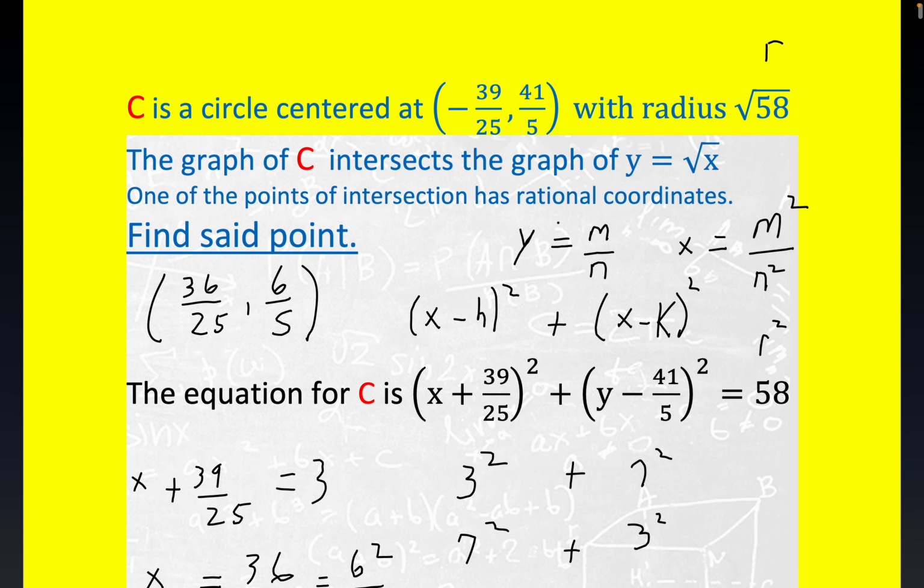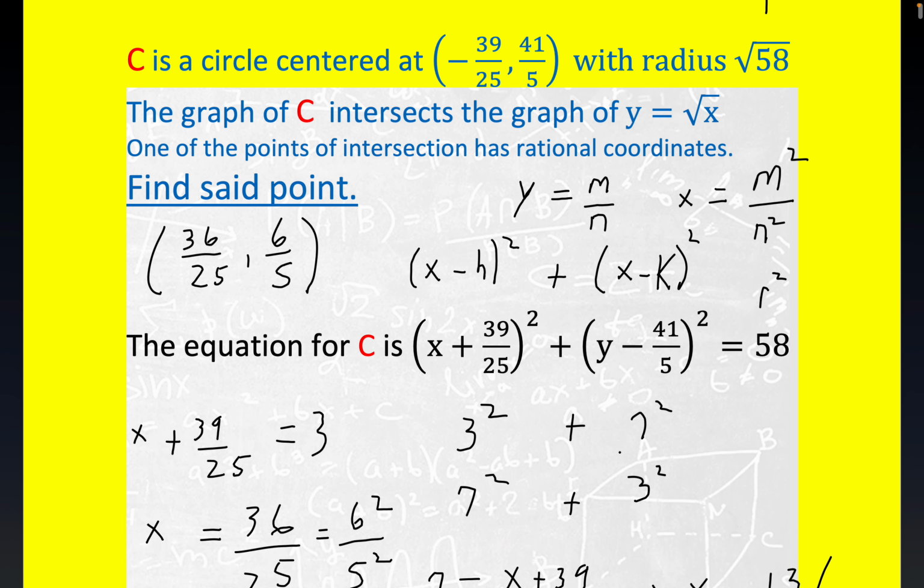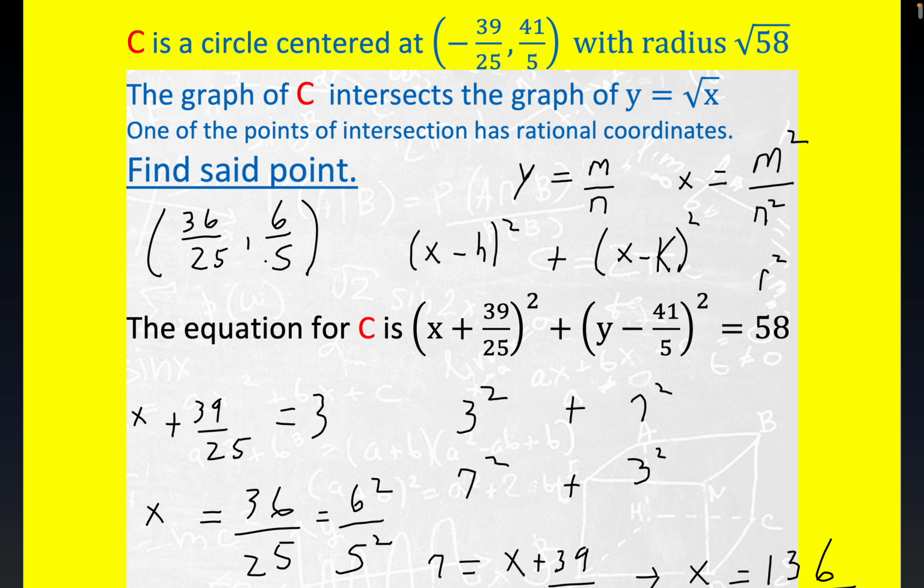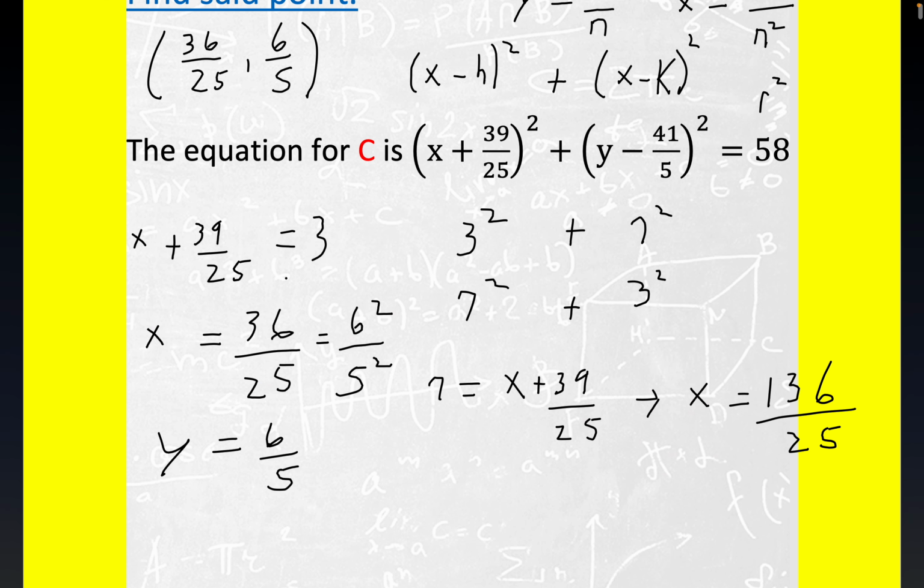But the fact that one of the points has rational coordinates gives us plenty of structure to get this as the unique value. So 36 over 25 comma 6 over 5 is the solution.